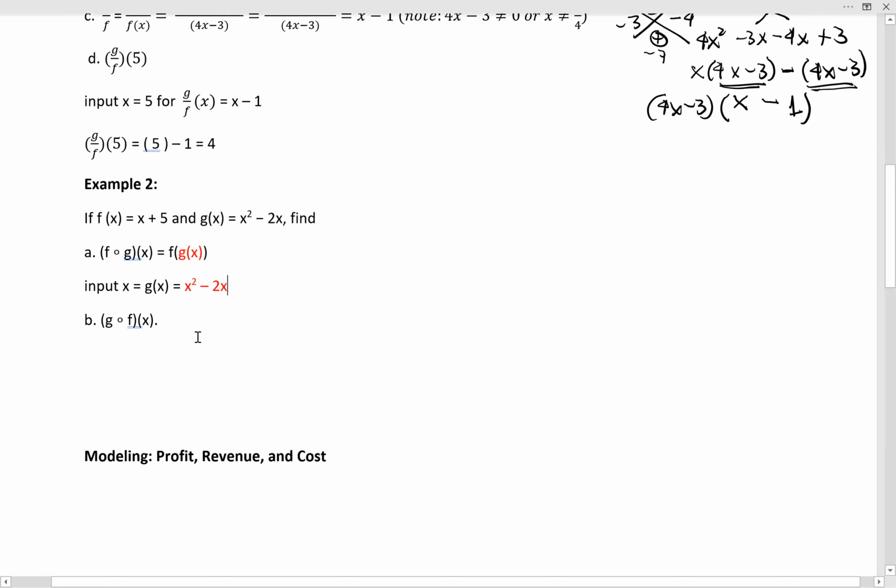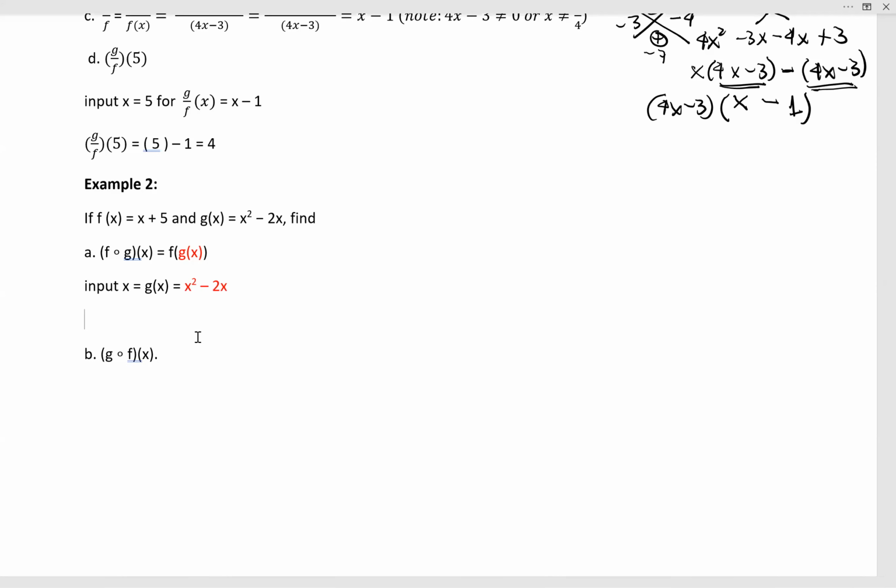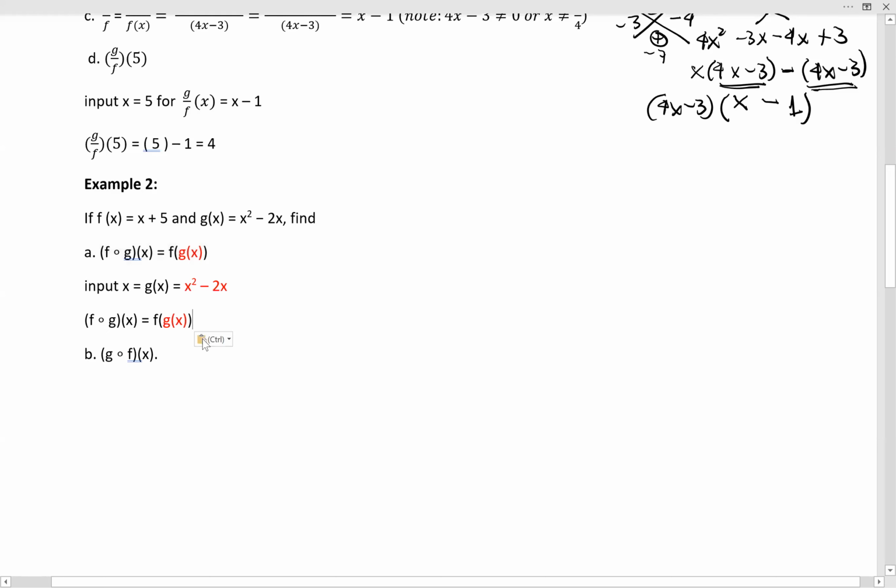So now I want to find f of g(x), which will be equal to f of x squared minus 2x. I'm going to just copy that, easier.